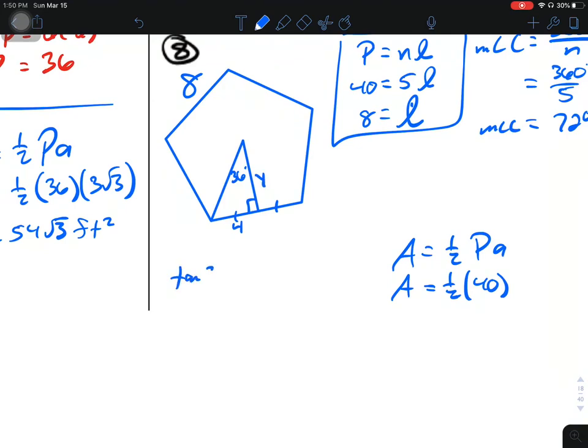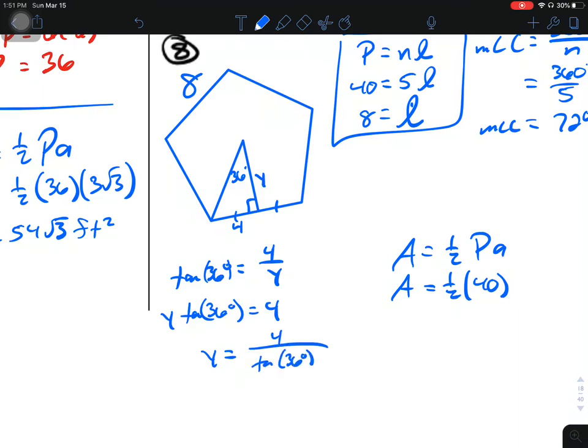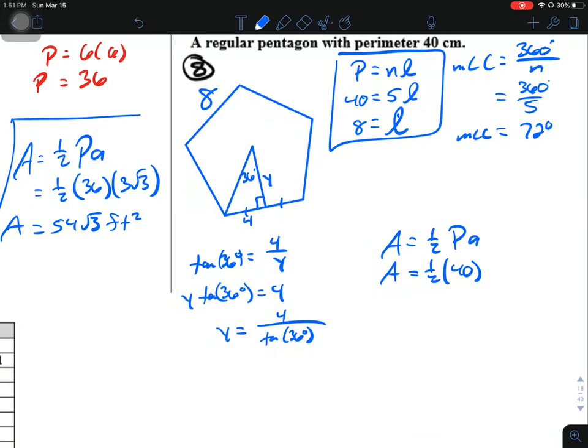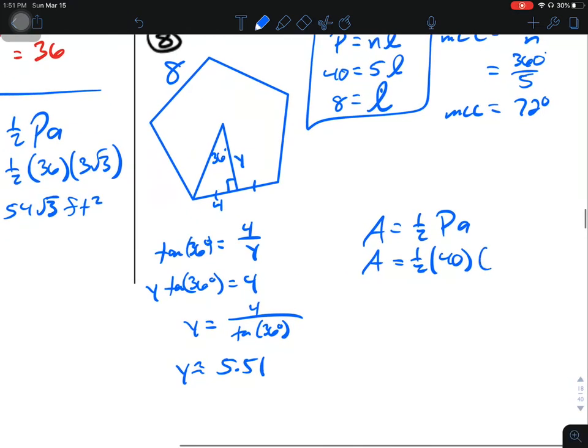Tangent of 36 degrees is the opposite leg over the adjacent leg. If I multiply both sides by y, I get y times tangent of 36 degrees is 4. If I divide both sides by tangent of 36 degrees, and I throw that into my calculator, I get 5.51 is the apothem.